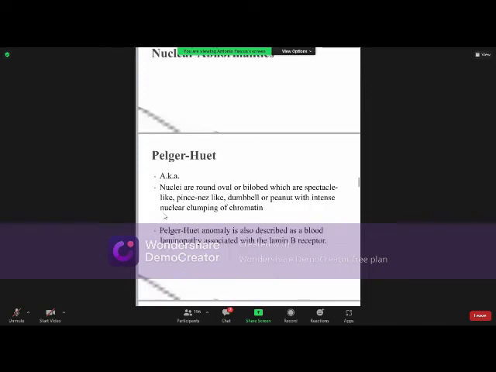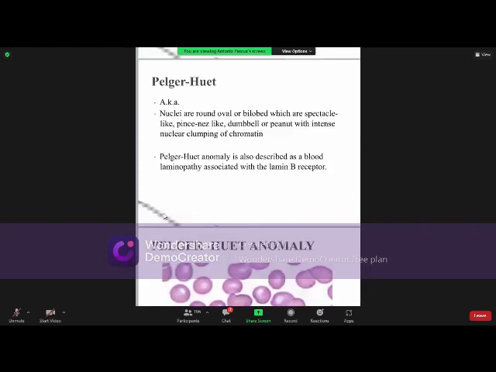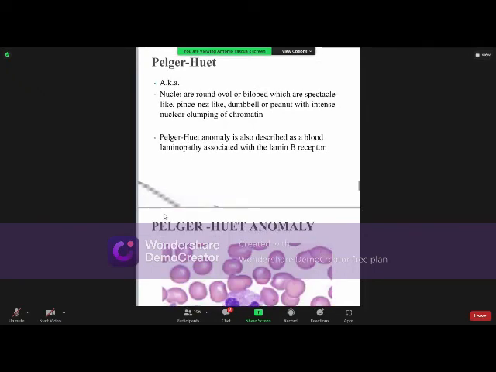So the first one that we have here is Pelger-Huët anomaly, known as hyposegmented neutrophil. Hyposegmentation will appear as a neutrophil that is bilobed, which will look like a pince-nez or dumbbell or peanut shape in appearance.